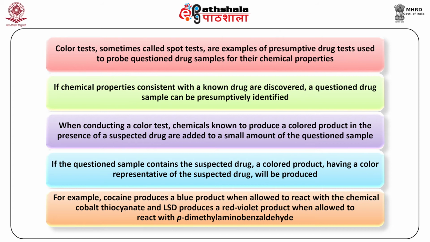If the questioned sample contains the suspected drug, a colored product having the color representative of the suspected drug will be produced. For example, cocaine produces a blue product when allowed to react with the chemical cobalt thiocyanate, and LSD produces a red-violet product when allowed to react with p-dimethylaminobenzaldehyde.